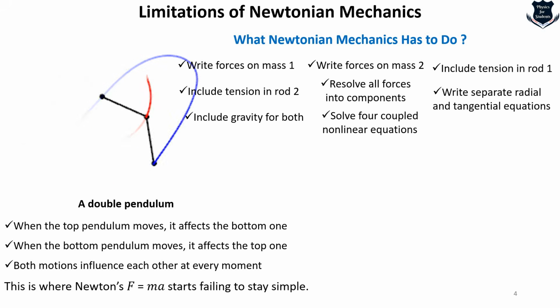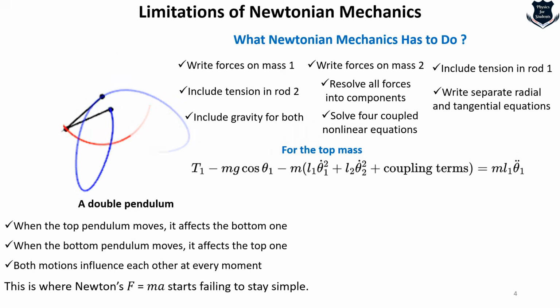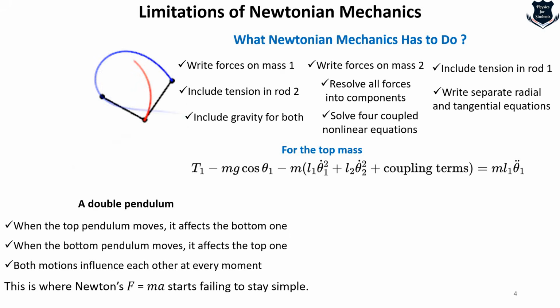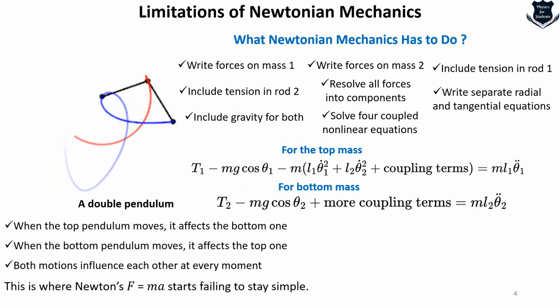We get what are called four coupled nonlinear equations. For example, for the top mass from which the bob is suspended, we get an equation like this. For the bottom mass, we get something like this.